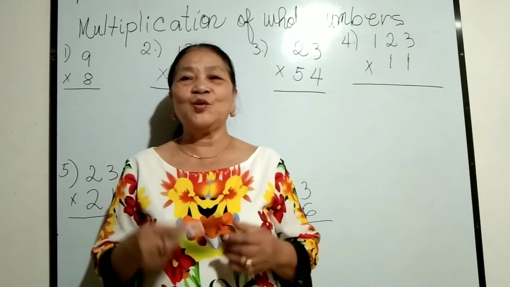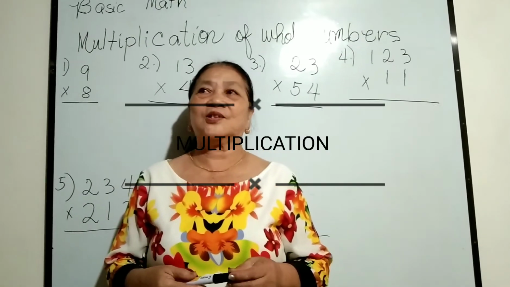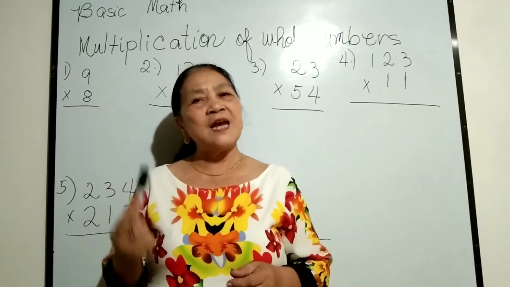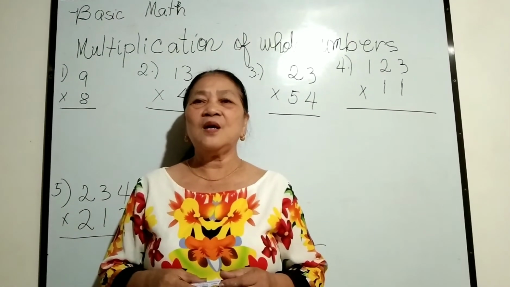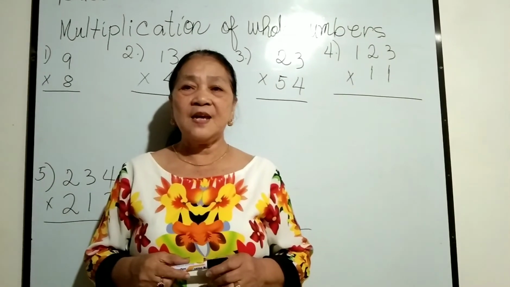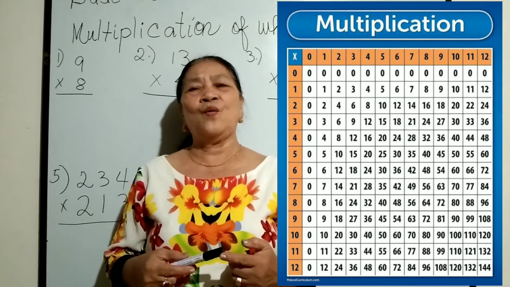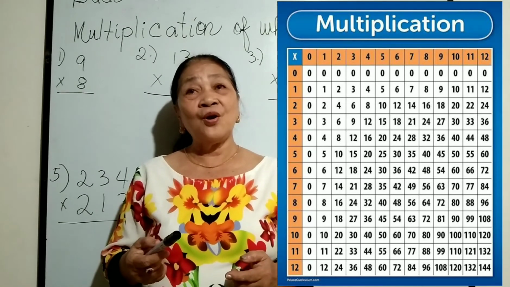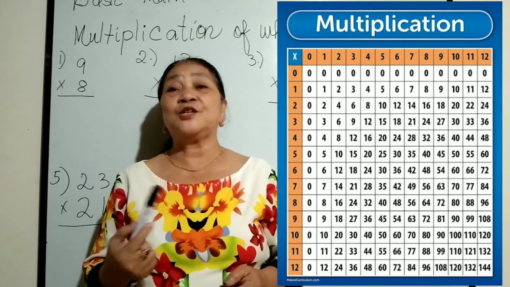Now, we're going to multiply whole numbers. In multiplication, always remember that you are going to master or memorize the multiplication table. May I remind you that any number multiplied by 0 becomes 0.